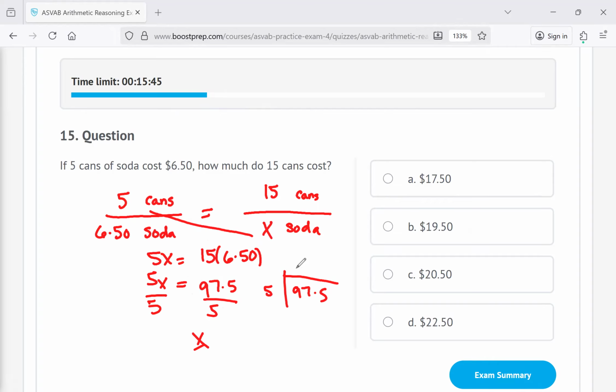How many times does 5 go into 9? Once. 9 minus 5 is 4. How many times does 5 go into 47? 9. 47 minus 45 is 2. Bring down the 5. Yep, 1950.